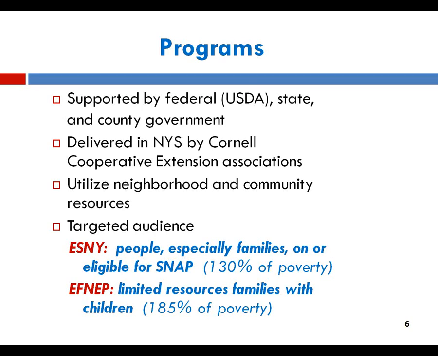FNEC, on the other hand, has a little higher level of income allowable, but in addition, we focus on families with children. So in terms of Eat Smart New York, we're looking for about 2/3 of our participants to be families. They don't have to have children. And the other third can be individuals and so forth. But in FNEC, we really focus on families with children.